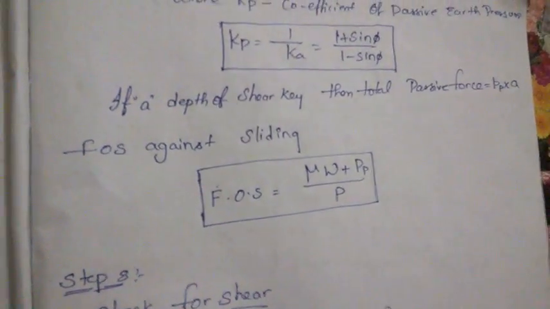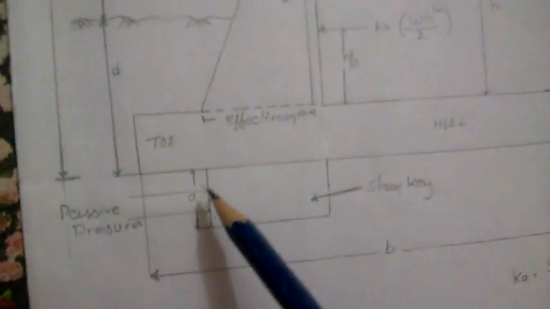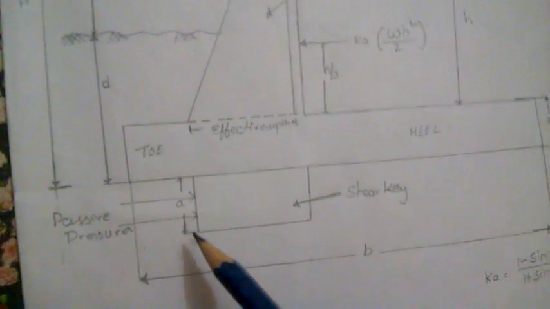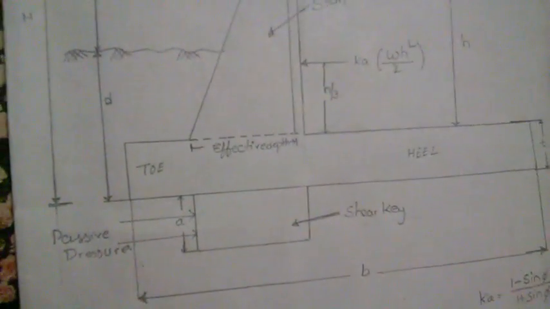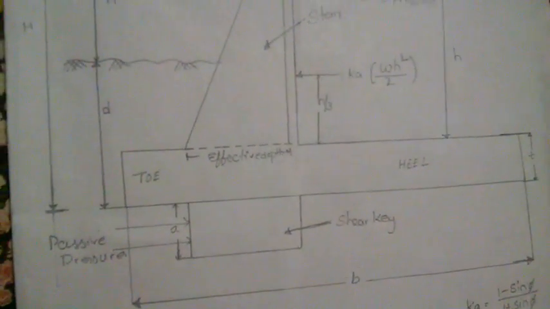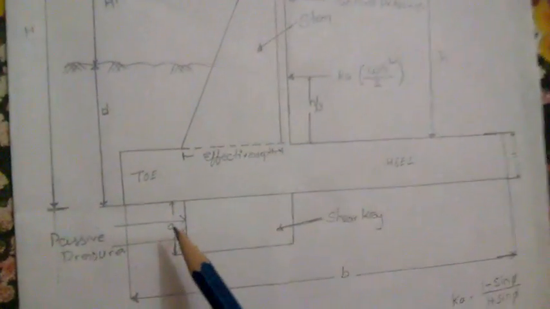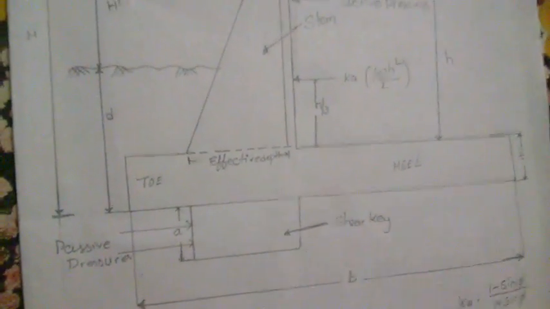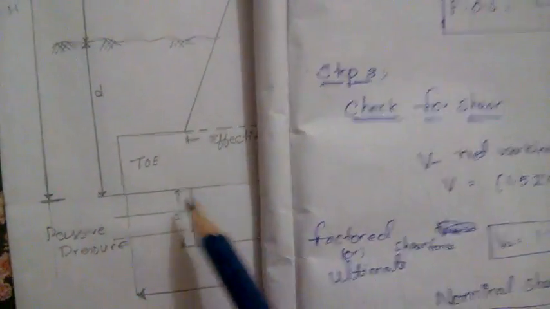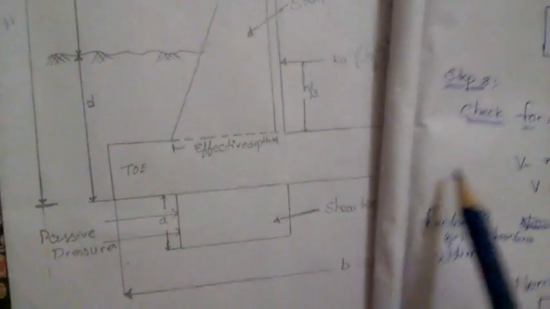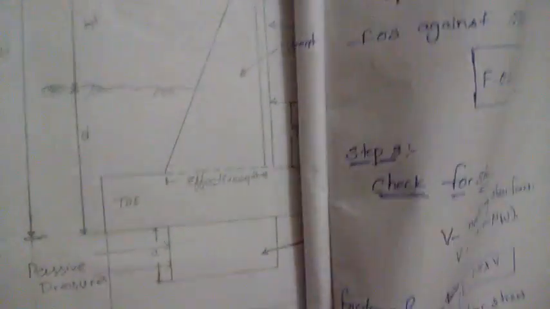If small a is the depth of shear key, then the total passive force is equal to Pp into area. Pp will be acting on this area, the shear key area.